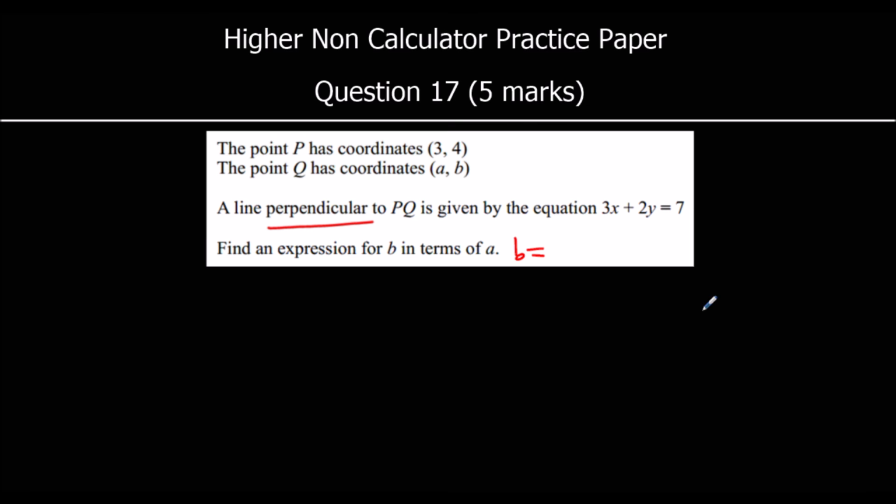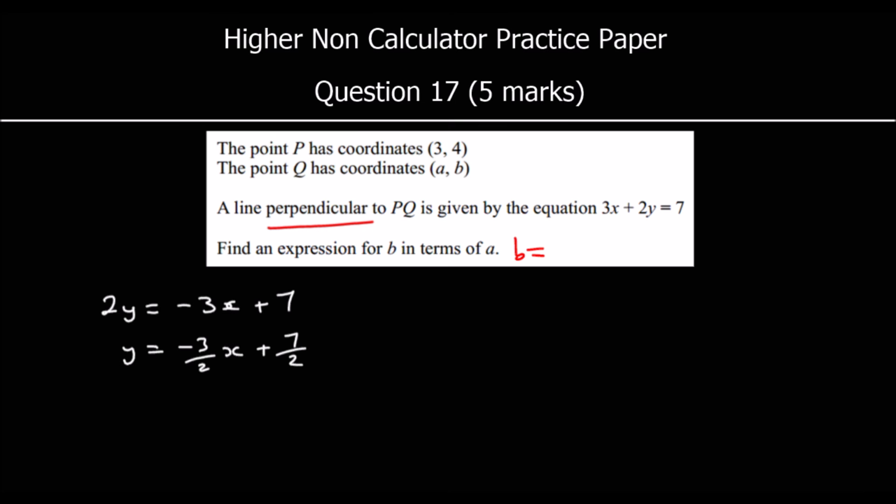So if I make y the subject of this, I can get it into the form y equals mx plus c. So I'm going to take 3x away from both sides. So 2y is minus 3x plus 7. And then half every term. So minus 3 over 2 x plus 7 over 2.